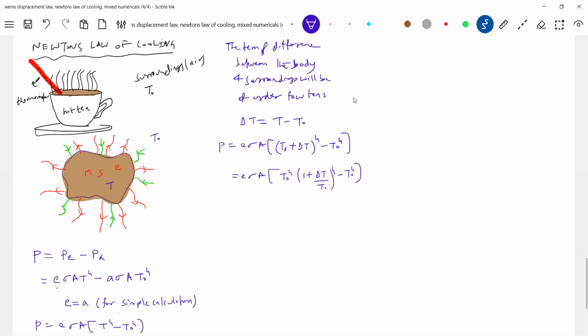Delta T will be very small. So this total E sigma A T naught to the power 4, I'll take outside. Then this will become 1 plus delta T by T naught, to the power 4. Delta T will be very small, so therefore binomial expansion.